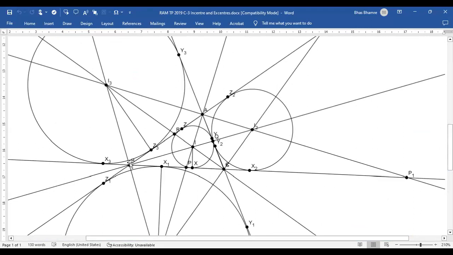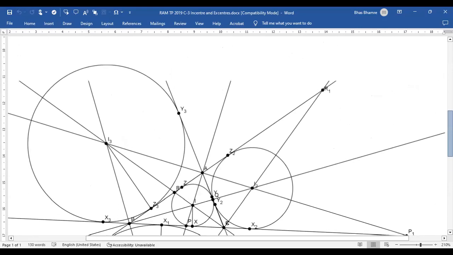AP, BQ, and CR are the internal angle bisectors. Similarly, we name that if I draw here B and let it meet, say BI2 is going to meet AC, then that point would be Q2, like that.